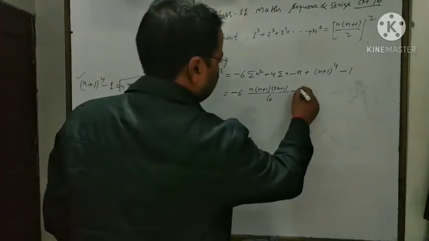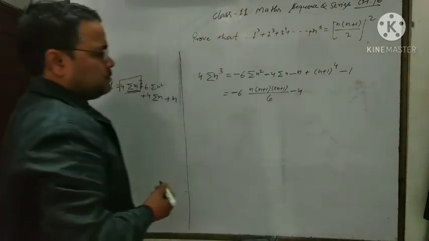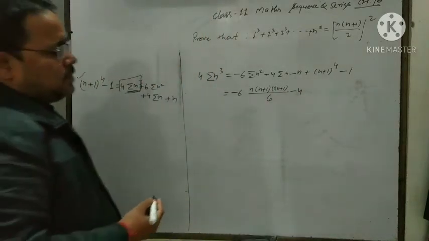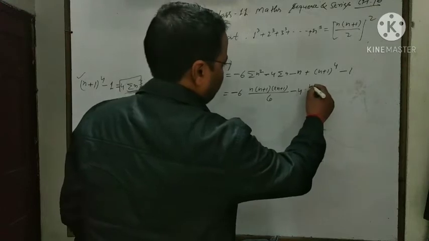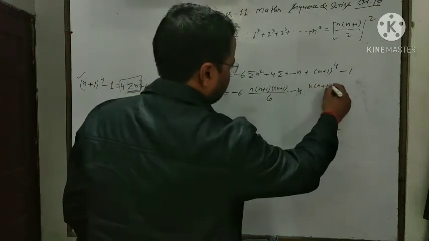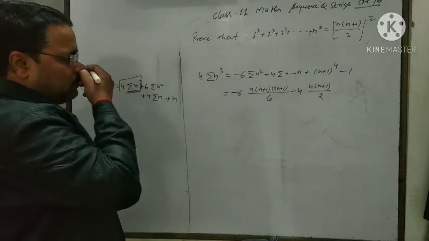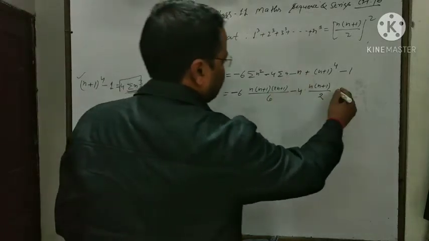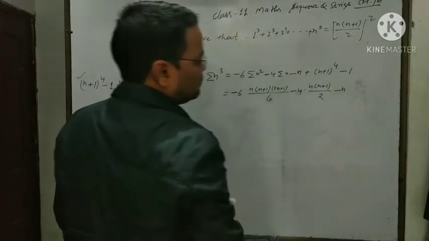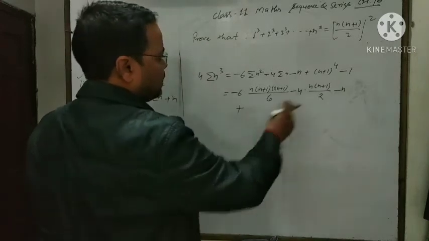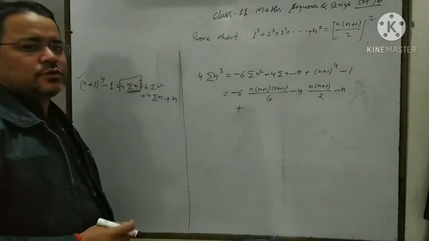Similarly, here 4, and what is the value of sigma n? n into (n plus 1) by 2. Okay, now this is the minus n. After that, the expansion of (n plus 1) raised to the power 4.